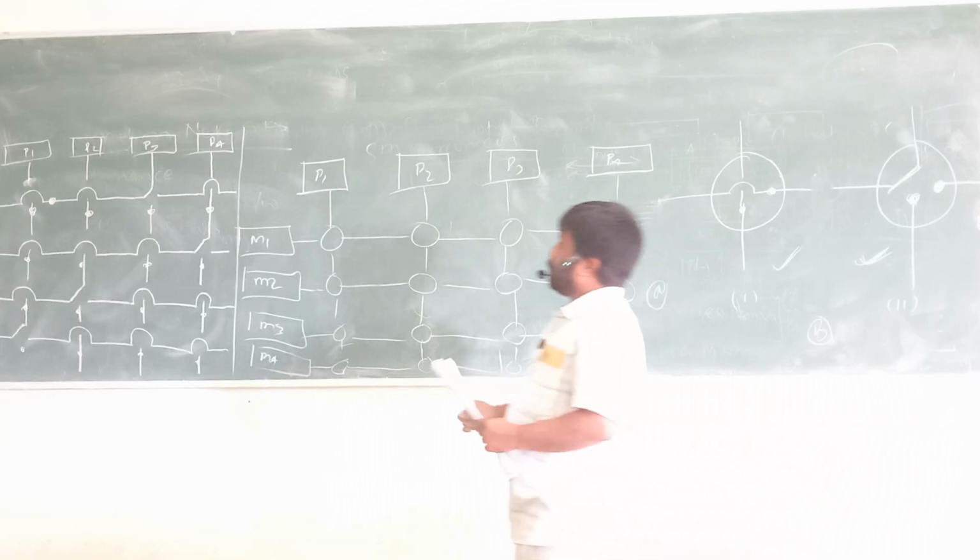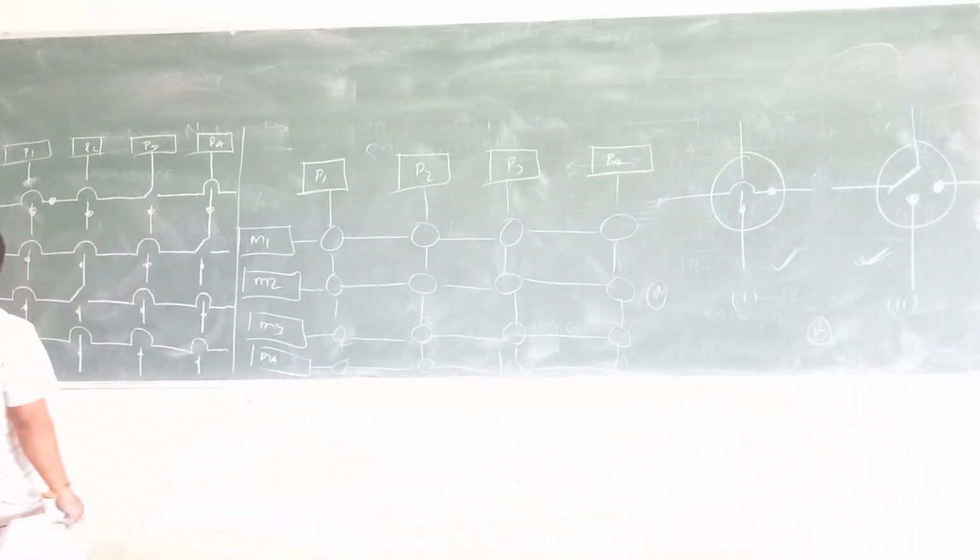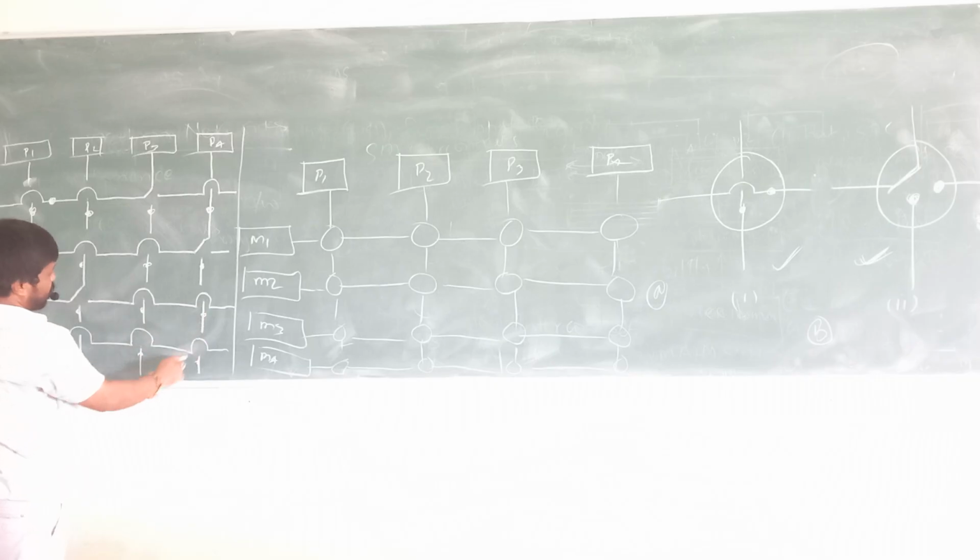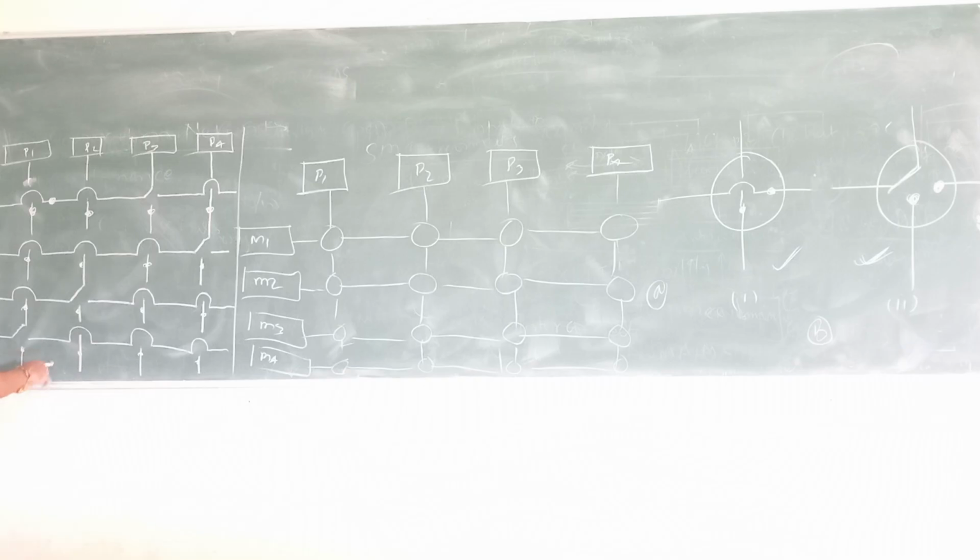If I want to communicate between the memory locations and the processors, I can do it simultaneously. P1 is accessing M4, and also P2 is accessing M3.